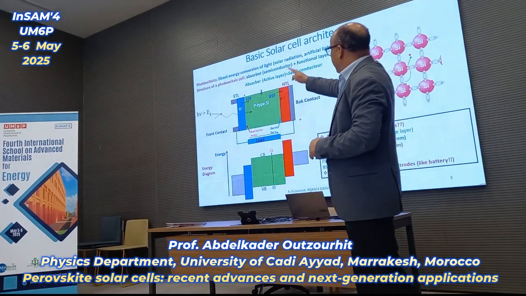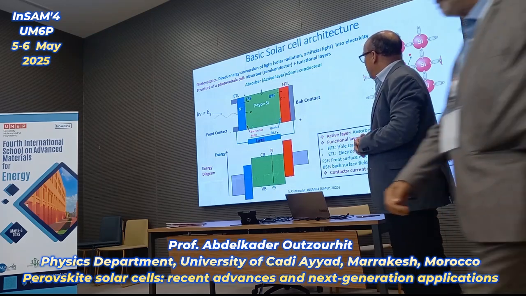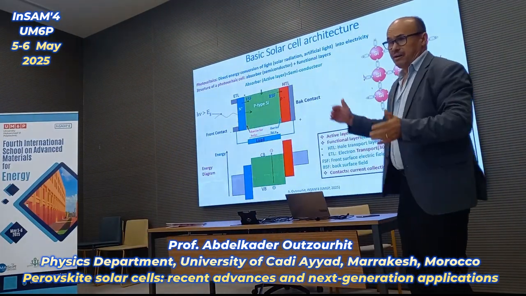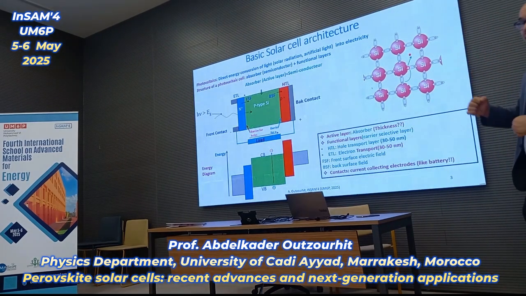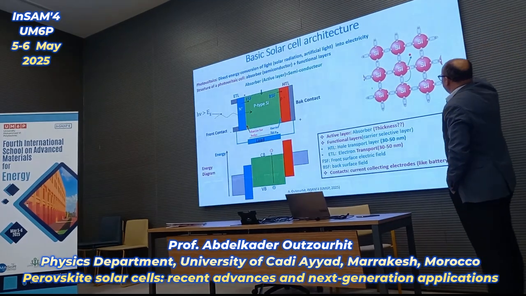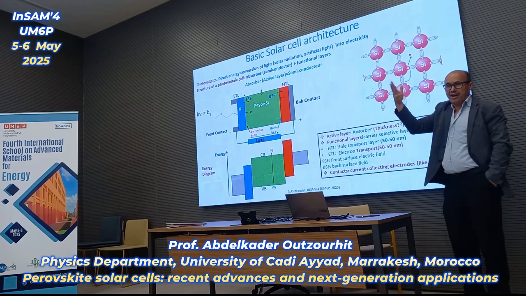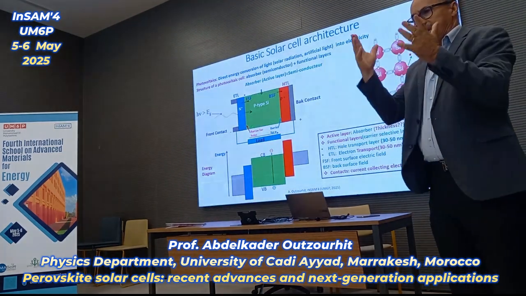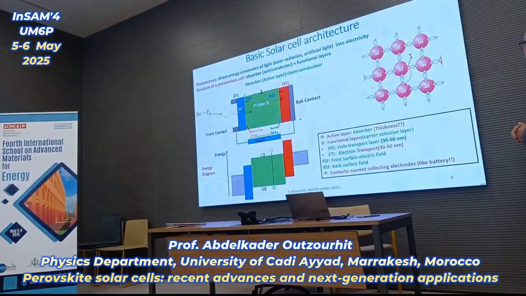The carriers are created by light, by photons, and the photon energy needs to be higher than the binding energy of those carriers within the semiconductor, because usually these carriers, for example in the case of silicon, are part of covalent bonds. So in order to get them out, you have to excite them. You have to give them enough energy to escape from that covalent bonding.